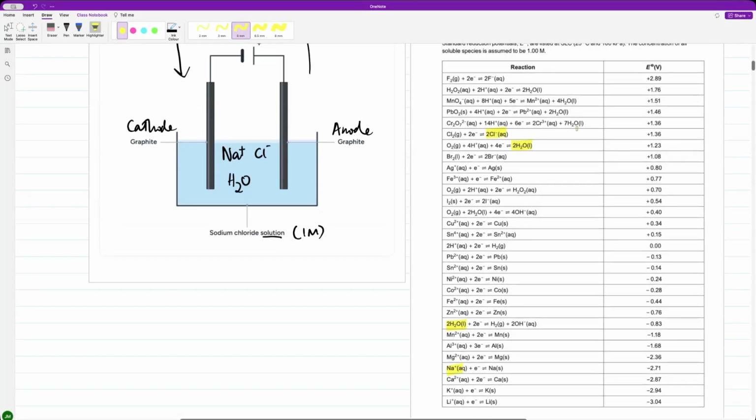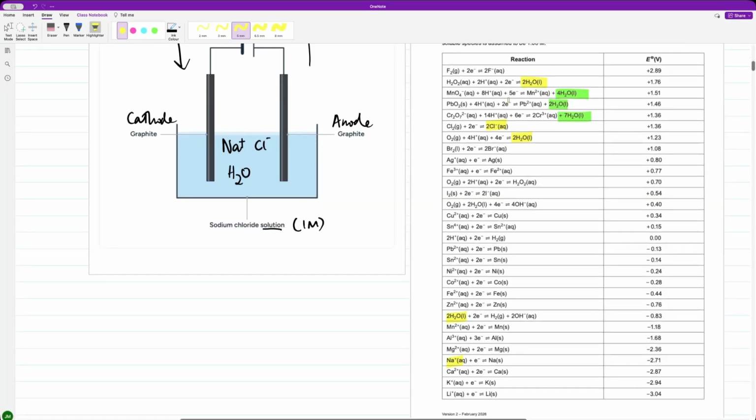Now there are a lot of other water molecules sitting up here. These ones do not matter. The green ones don't matter. But this one here potentially can matter. But because H₂O, which is sitting here, is a stronger reductant than the H₂O up here, this reaction ends up playing out more than this top reaction.